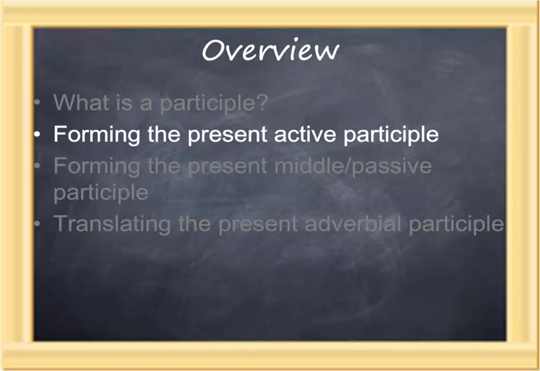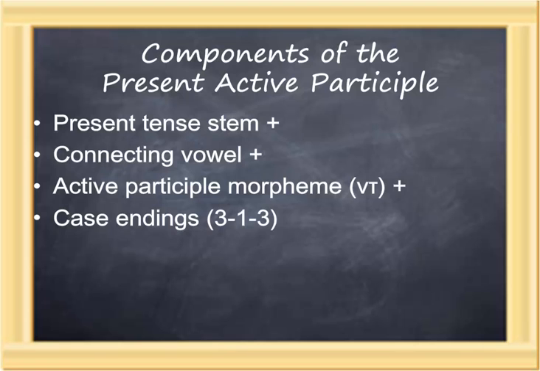From this generic discussion of participles, let's now switch to how one forms the present active participle. Four pieces go together to make the present active participle: the present tense stem, a connecting vowel, the active participle morpheme, nu tau, and case endings according to the 3-1-3 pattern.